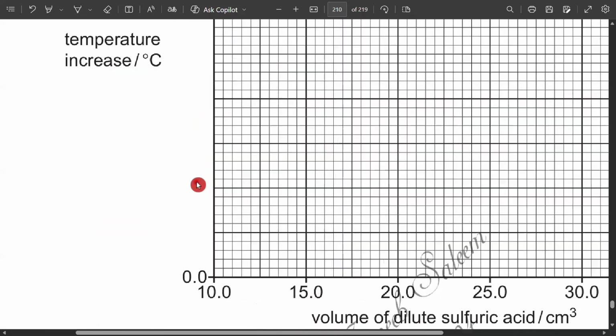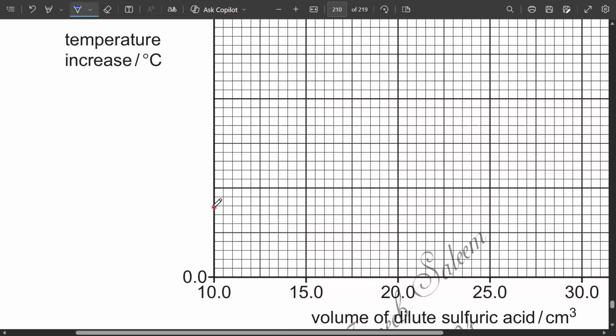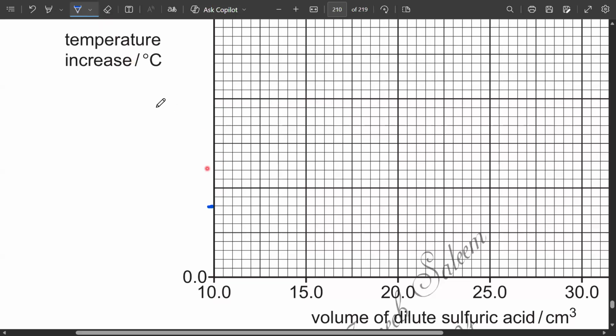So 8 lies over here, 8 degree. This is for 8. Then it is 15 degrees. So this is 10, 11, 12, 13, 14, 15. This is 15. Then we have the 12. This one is 12.